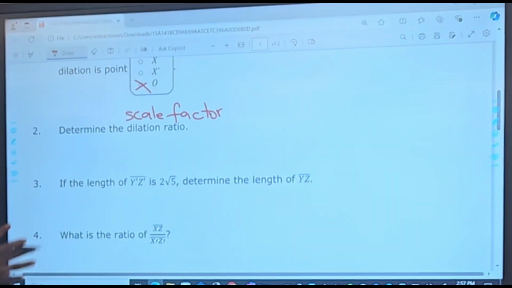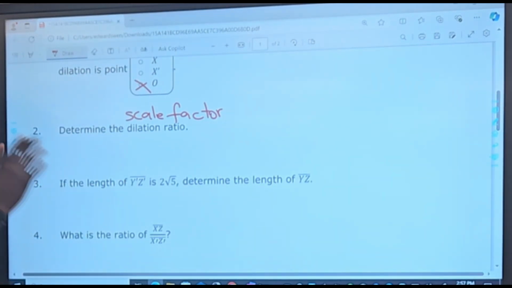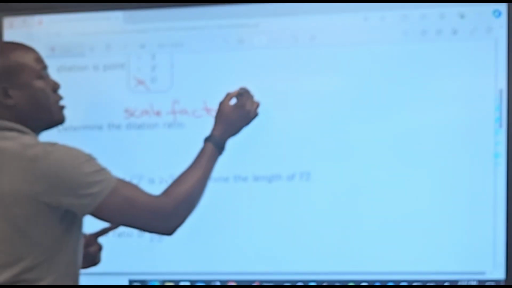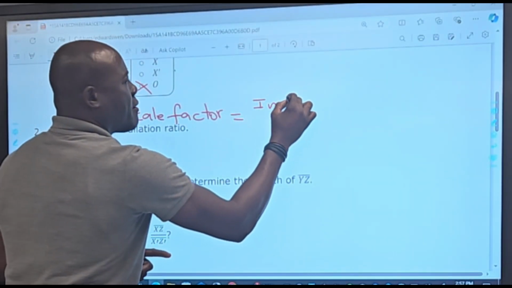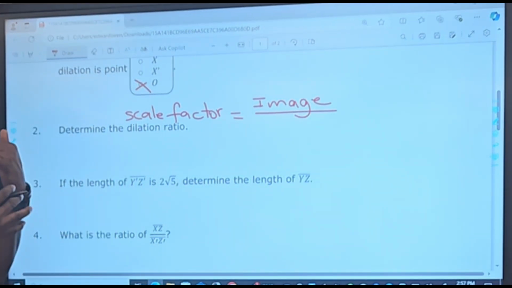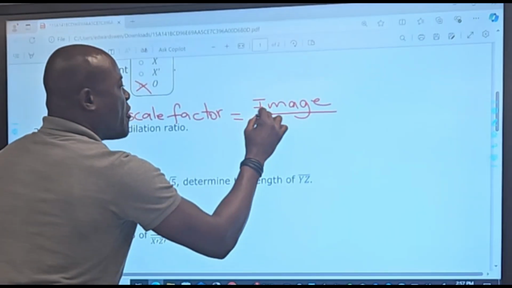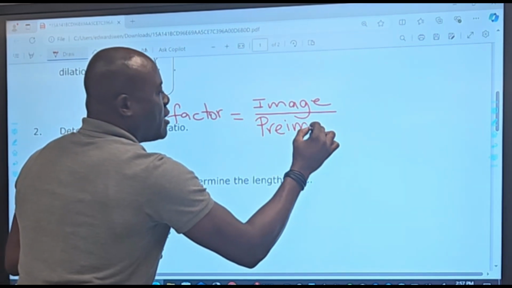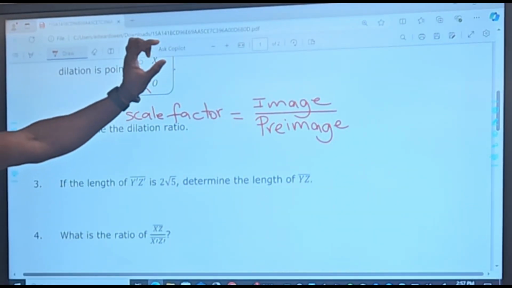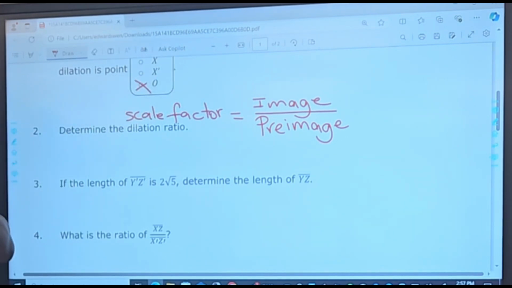So if we're going to find it, remember that the dilation ratio or scale factor can be found by having an image side, and we're going to divide that by the corresponding pre-image side. Has to correspond. So it's the image divided by the pre-image of any pair of corresponding sides.